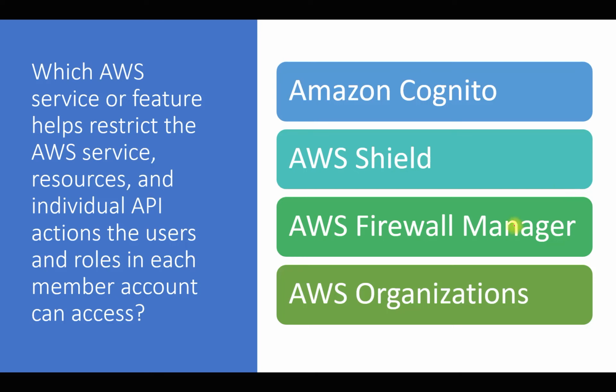The next service we have is AWS Firewall Manager. That is the service used for managing various security services in AWS. And the last service we have is AWS Organizations. AWS Organizations actually helps us to centrally manage and govern our environment as we grow and scale our AWS resources.